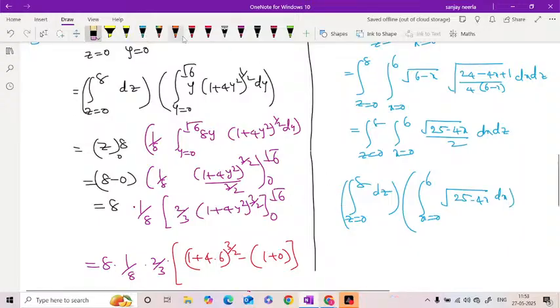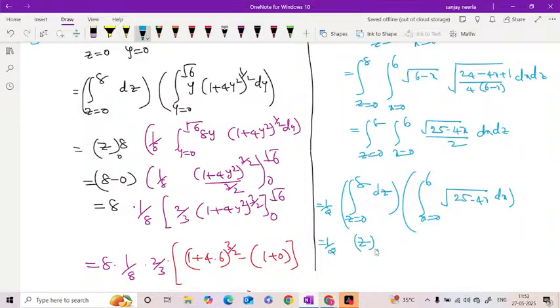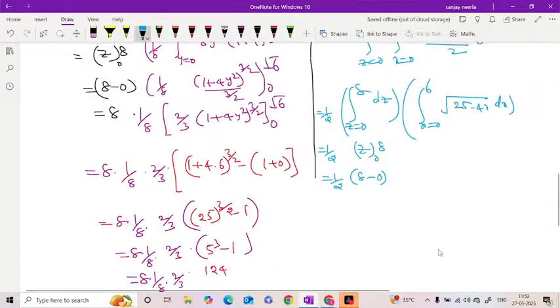So 1 by 2 is better to write outside. Now the first integration is z limits 0 to 8, so 1 by 2 into 8 minus 0. So the first integration result is 1 by 2 into 8.